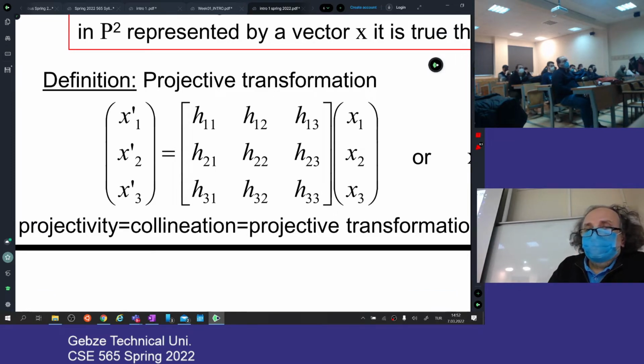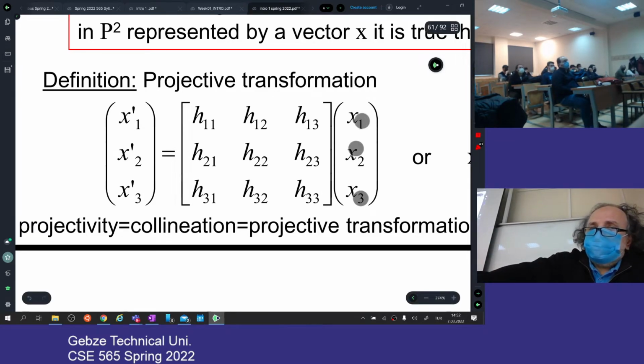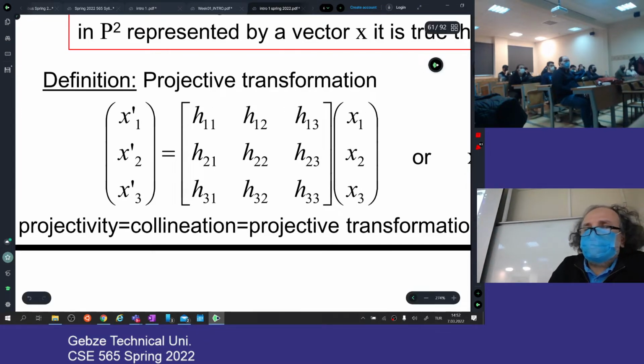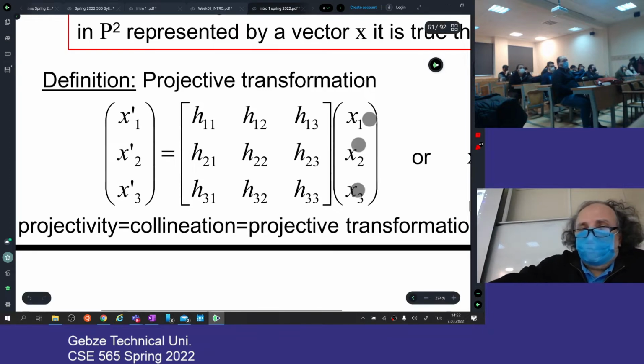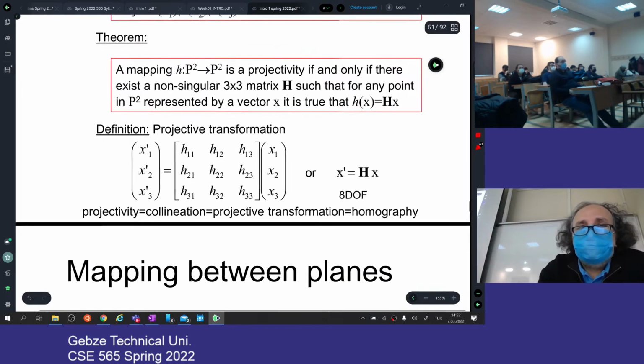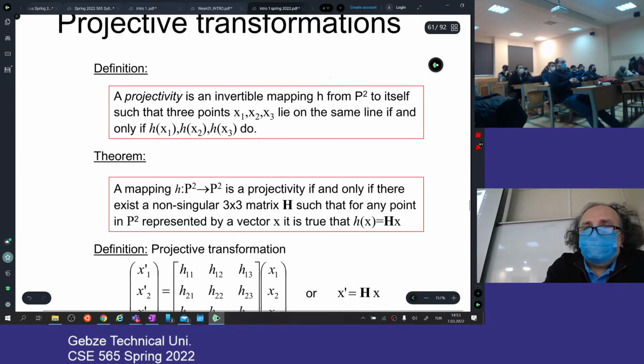If I multiply this homogeneous point with a matrix of 3 by 3, I get another homogeneous point. And the same thing, if this is a line, then this is a line too. Principle of duality, right? This is called projective transformation, and that's the definition here.